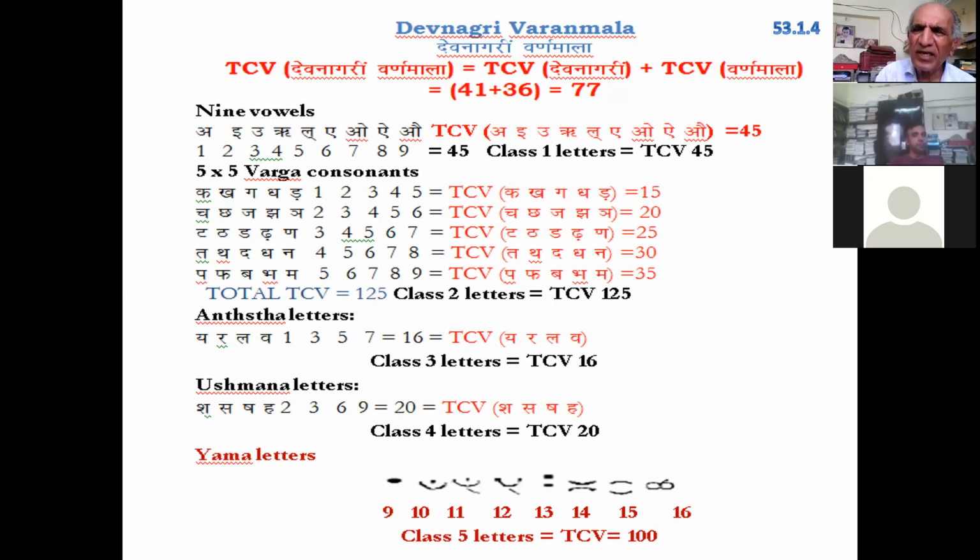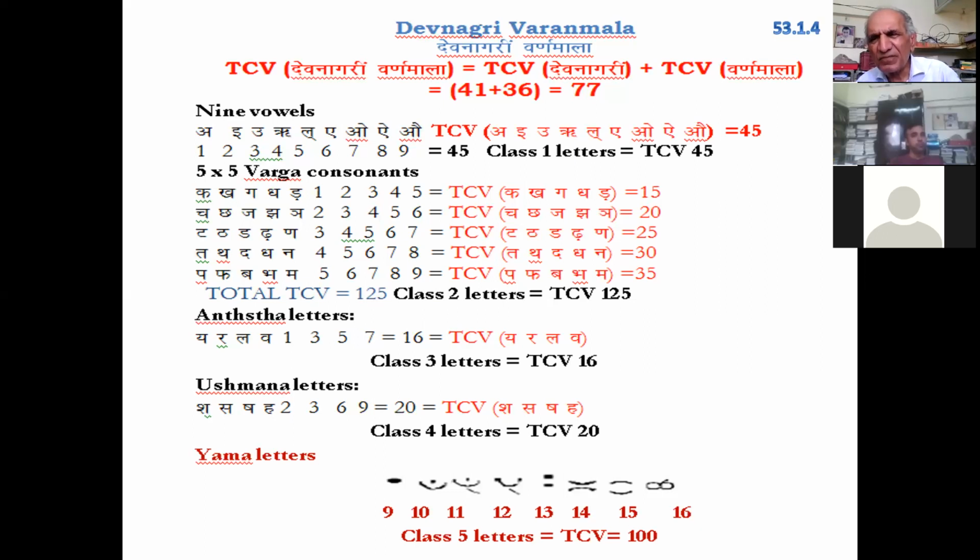These 50 letters of Devanagari alphabet have specific placements for each of its letters. These placement values are designated as transcendental code values. These placement values of individual letters of Devanagari alphabet are settled as per the transcendence mathematics for the manifested creations.